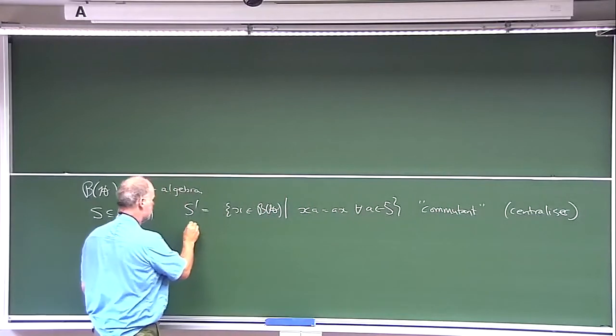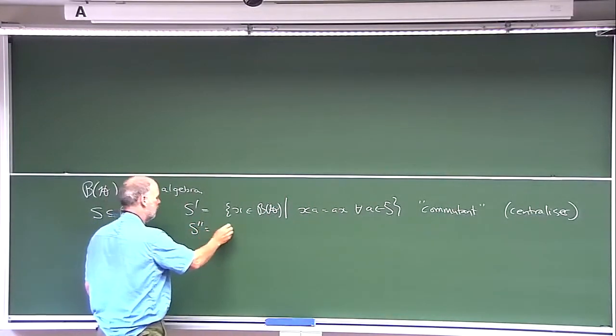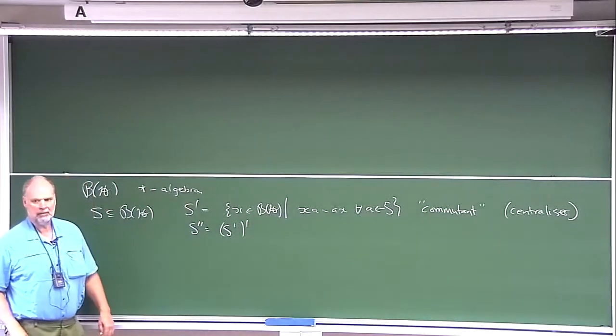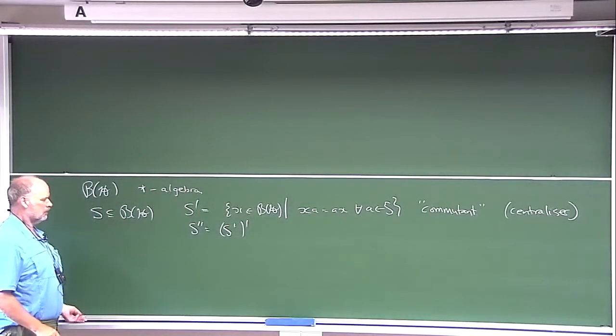And we have the abbreviation notation: the commutant of the commutant, we just put 2 primes.